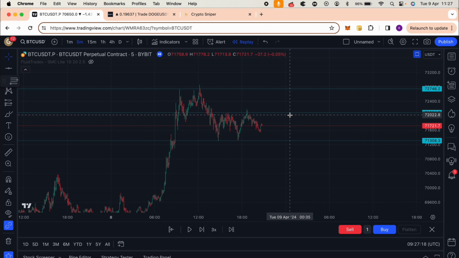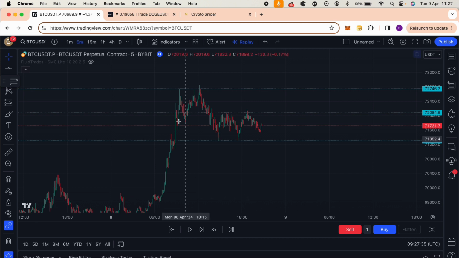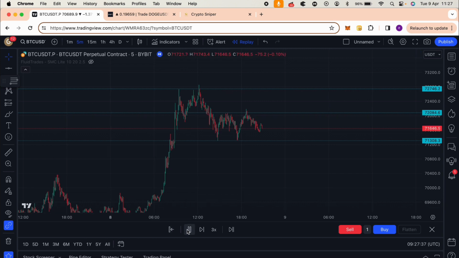I believe this one was the first touch, this one was the second touch, and if I see another touch around this area, I will open a short. So let's see how it continued to go.